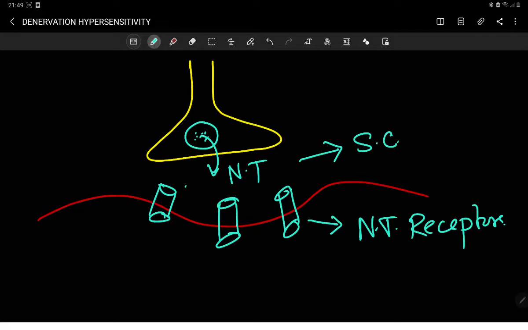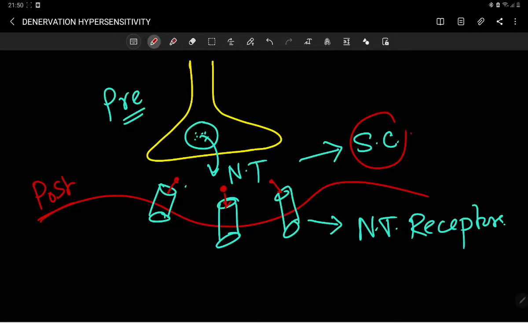I am writing SC for synaptic cleft. Neurotransmitter is released from the presynaptic neuron onto the post-synaptic membrane at the neuromuscular junction, which is the muscle membrane, also called the sarcolemma. Then the neurotransmitter acts on its receptor, causing muscle contraction, etc.